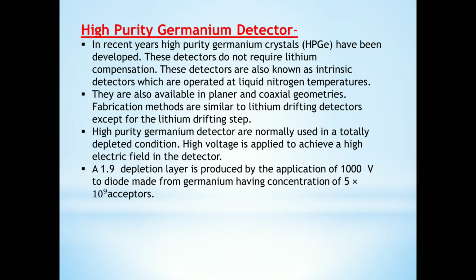Means to get a large depletion layer we have to apply a voltage nearly equal to 1000 volt to the diode made from germanium with a concentration of 5 into 10 to the power 9 acceptors.